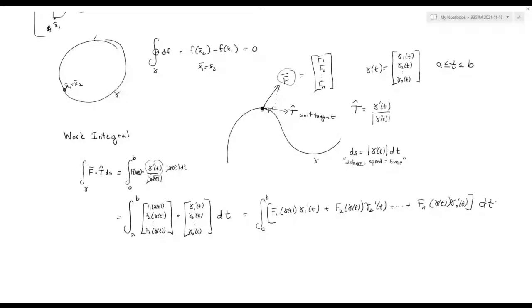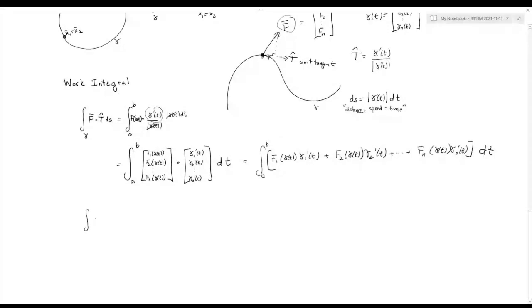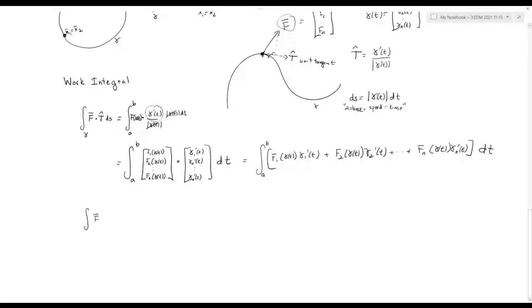We can also maybe more clearly see that you can think of this as an integral of a certain one form. So we can think of gamma prime of t dt. Let's write it out.